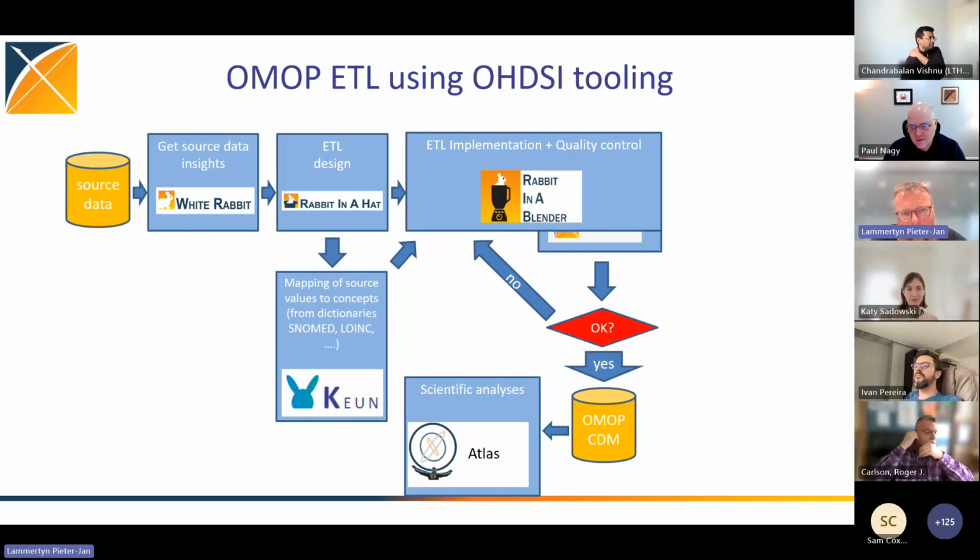When we started our journey into the OHDSI world a couple of years ago, we started looking at the tools that were available, and we saw that for the ETL implementation there was not much available.